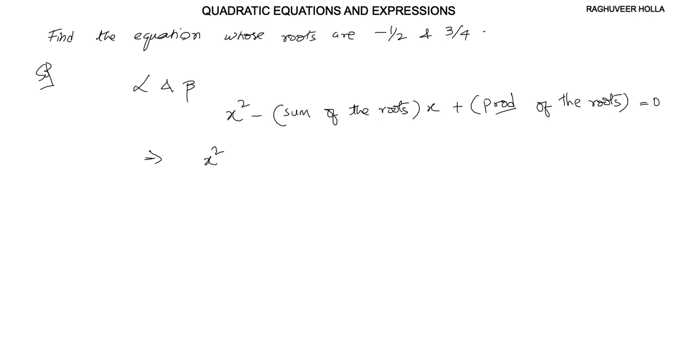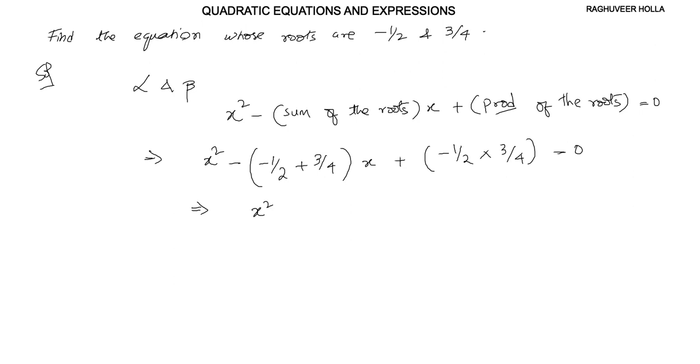So this implies x squared minus the sum of the roots, which is minus 1 by 2 plus 3 by 4, into x plus the product, that is minus 1 by 2 multiplied by 3 by 4, which is equal to 0.